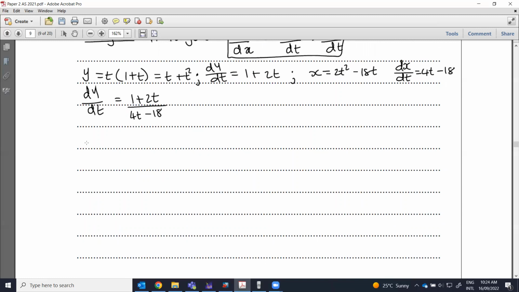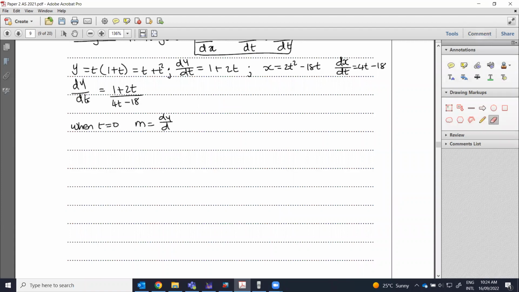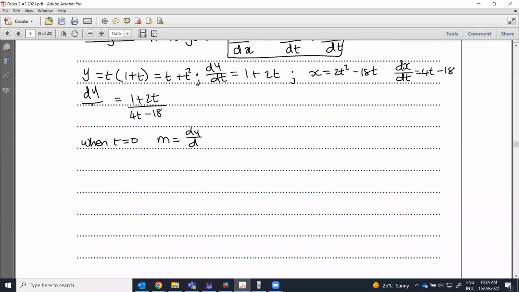Okay, so I have a formula for my gradient. Now I start with the first point when t is 0. So my gradient m, which is dy/dx. This is not dy/dt, this is dy/dx.